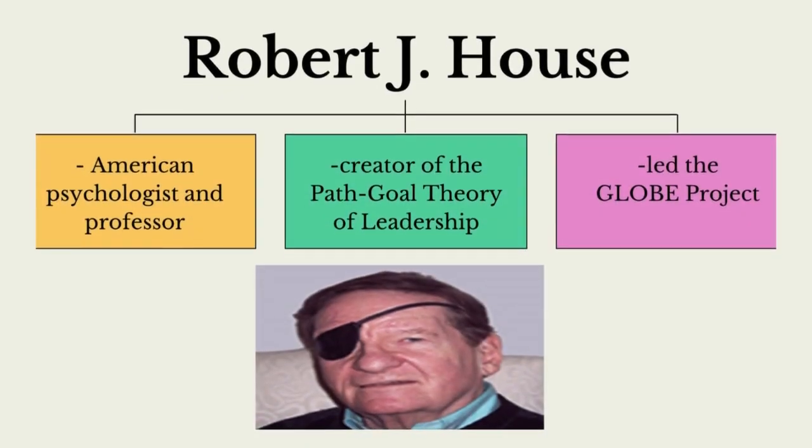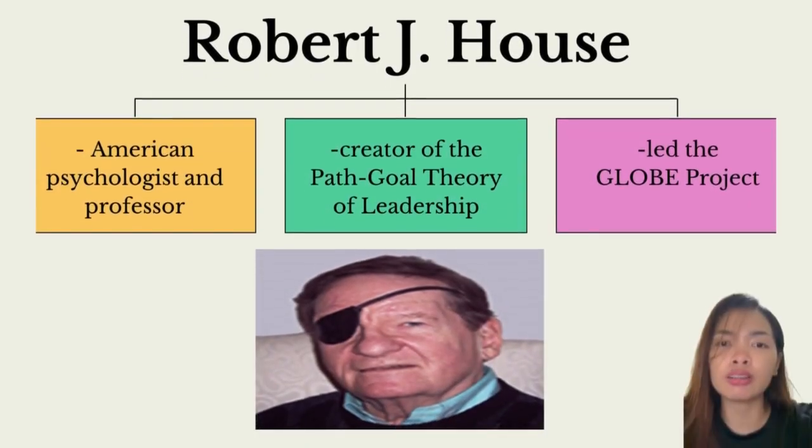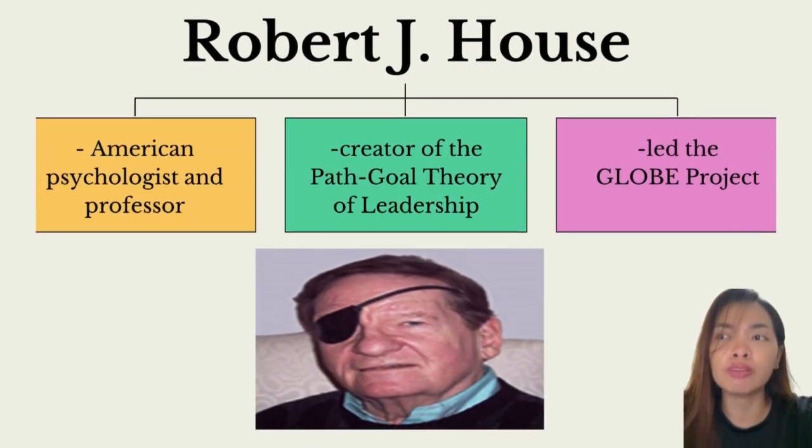Robert J. House was a respected American psychologist and professor who focused on leadership and how people behave in organizations. He is most well known for creating the path goal theory of leadership in 1971.